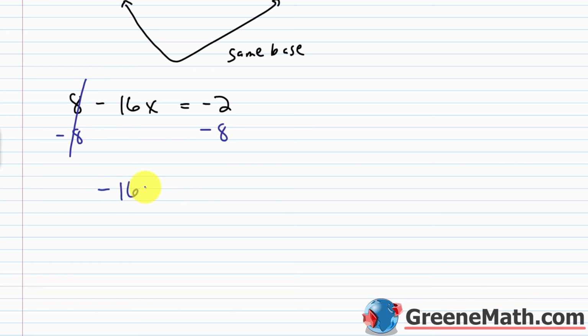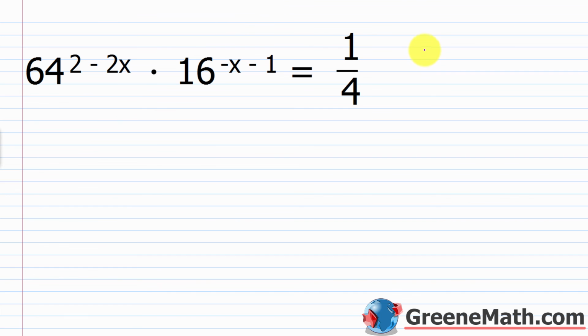We'll have negative 16x is equal to negative 10. We'll divide both sides of the equation by negative 16. And so that's going to cancel with that. We'll have x is equal to positive. If you think about 10, it's divisible by 2. Divided by 2, you get 5. Divide 16 by 2, you get 8. So x equals 5/8. So again, x equals 5/8.